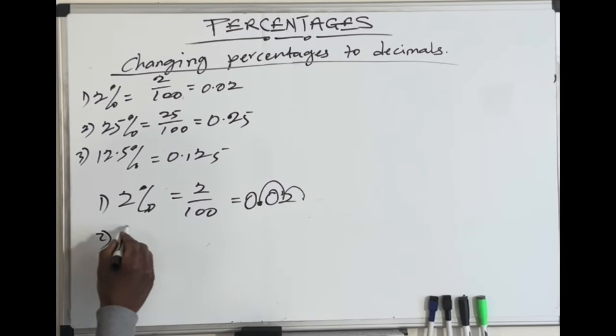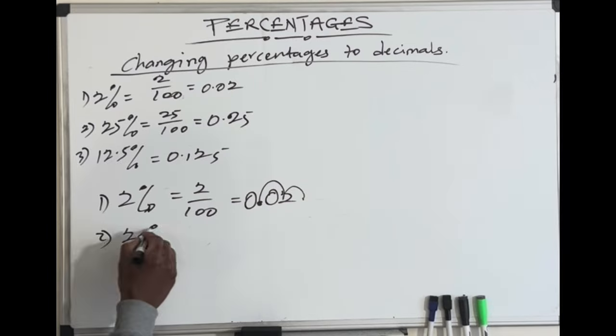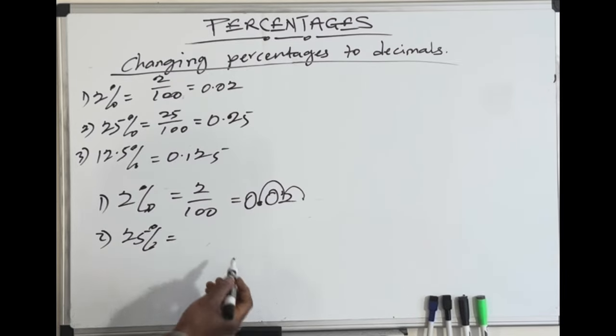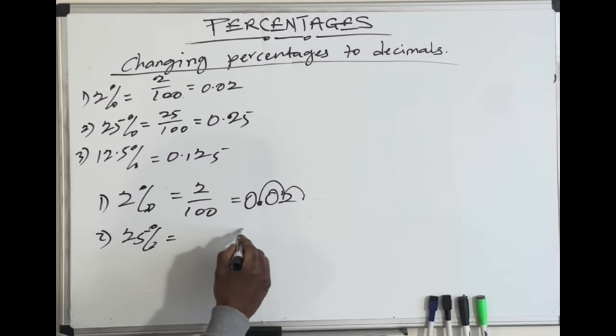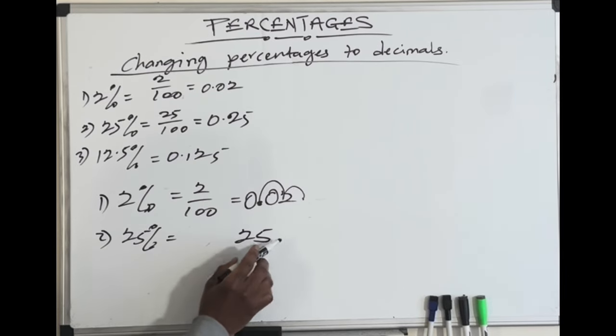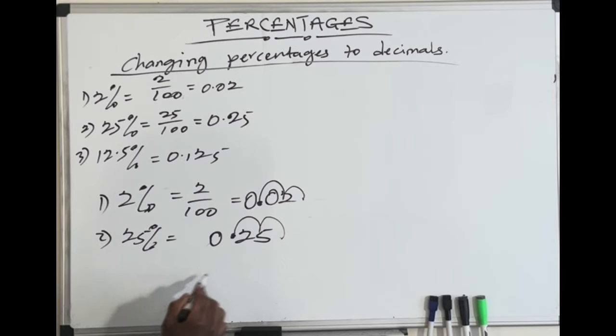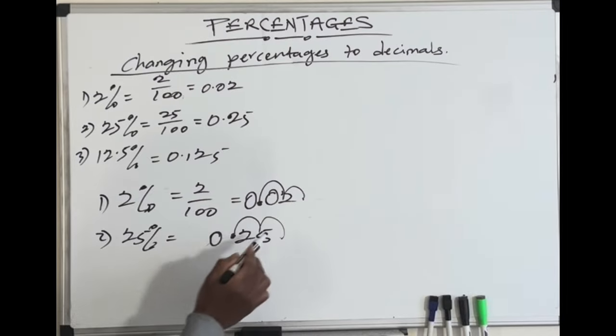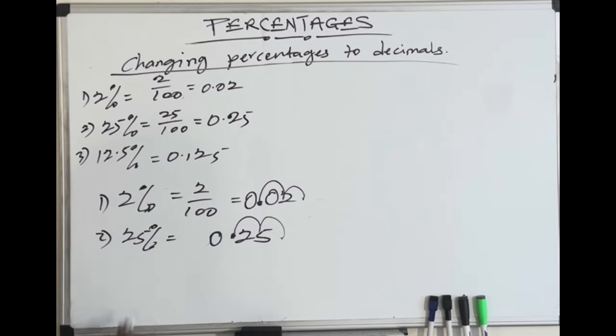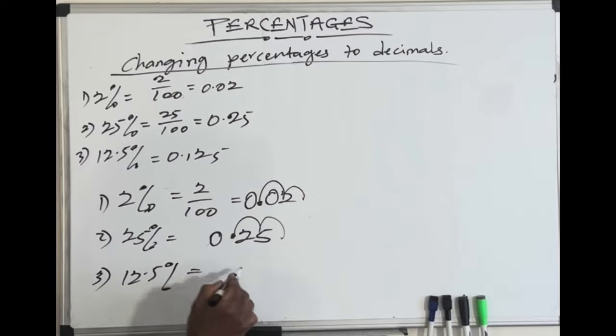Let's see 25%. The same method. We have 25, there is a decimal point here. How many times are we moving? 2. 1, 2. There is a point here now. So 0.25. The same thing. Let's do the last one, 12.5%.